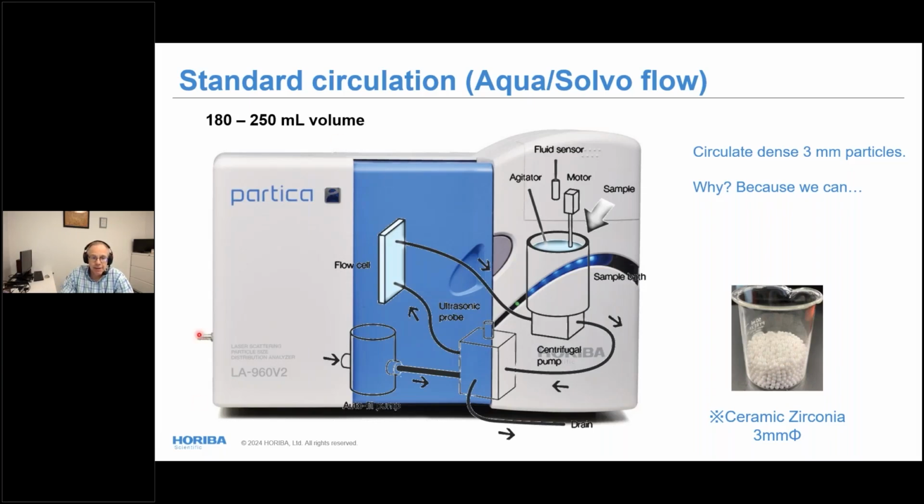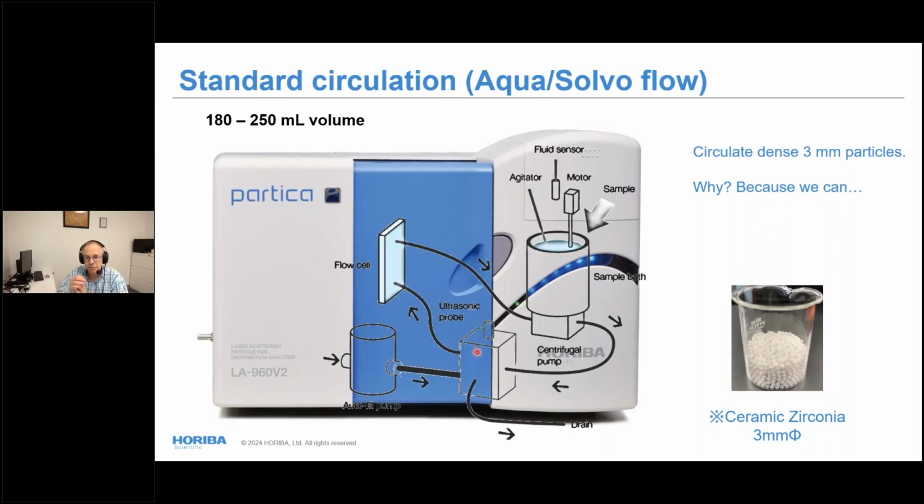So here I have the LA-960, and then I have superimposed an image of the flow system where you have a sample chamber on the right side here. You have a centrifugal pump, which is less abusive to particles, goes through a flow cell and recirculates back. We also have onboard ultrasound here.